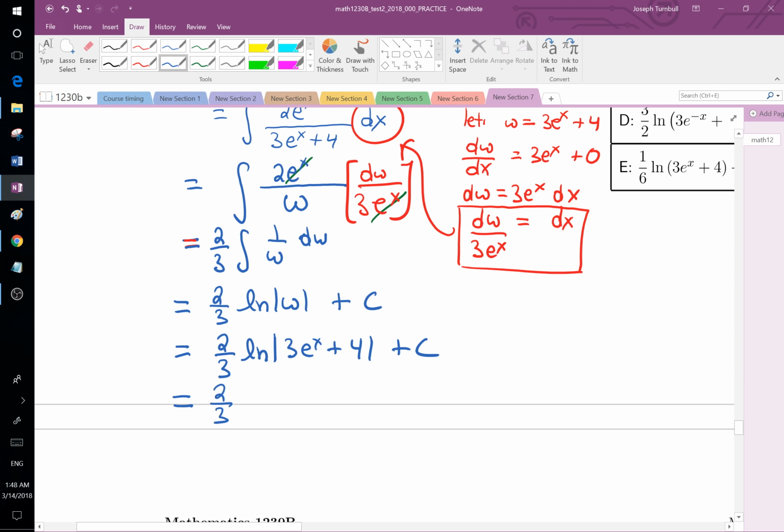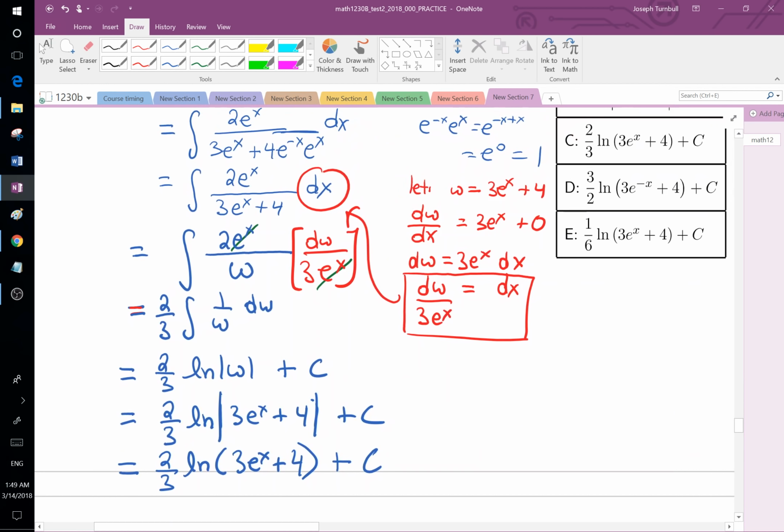If you add 4 to it, it's even more positive. That's why we can drop the absolute value signs. You're plugging something that's strictly positive into the absolute value function. The absolute value signs are not necessary. So 2/3 ln of 3e to the x plus 4. So choice C.